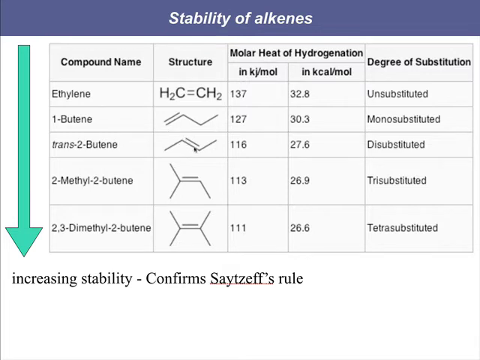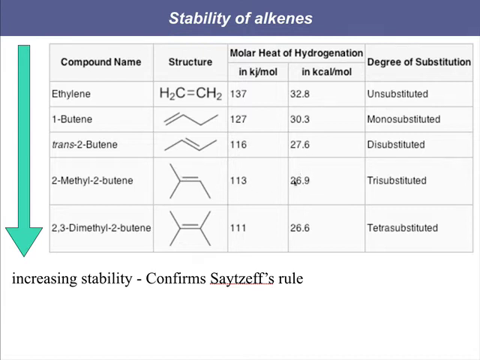Here we have a di-substituted, where one carbon on one double bonded carbon and another one carbon on the other double bonded carbon. So 2 carbon substituents, di-substituted. That only releases 27.6 kcals per mole. Again, less energy is released than these other ones, which means there was less energy in it, which means it was more stable.